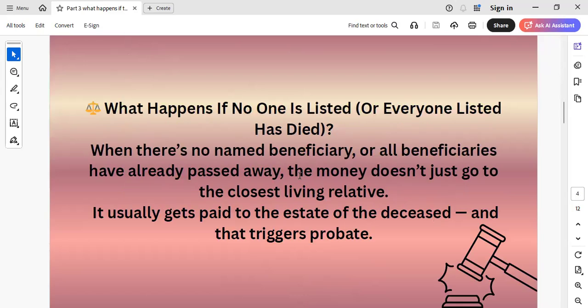What happens is no one is listed, or everyone listed has died. When there's no named beneficiary or all beneficiaries have already passed away, the money doesn't just go to the closest living relative. It usually gets paid out to the estate of the deceased, and that triggers probate.